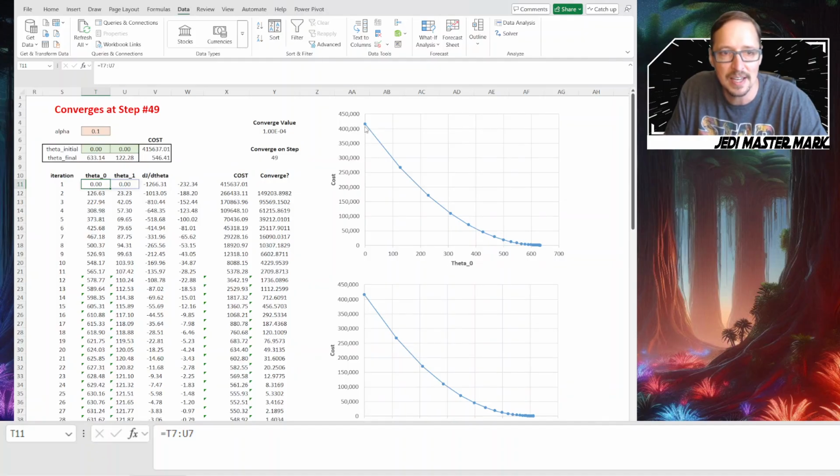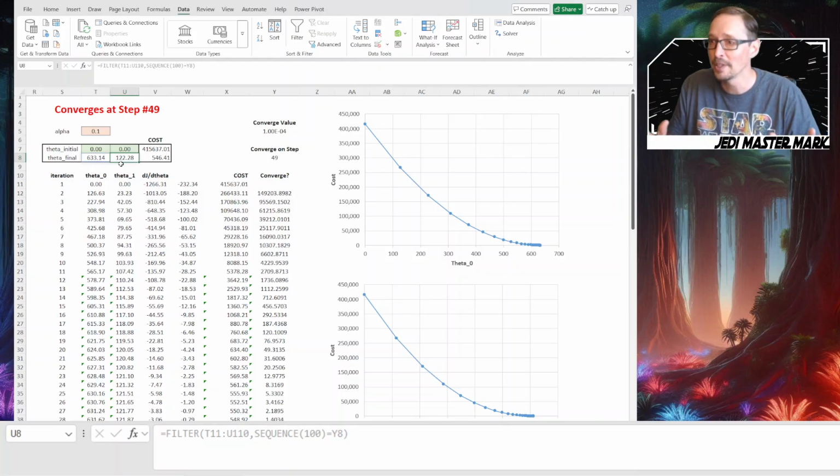You can see that as you go along, it's converging on a value there, which is 633, and theta 1 is converging to 122. So these were in line with what we got with the direct solve.